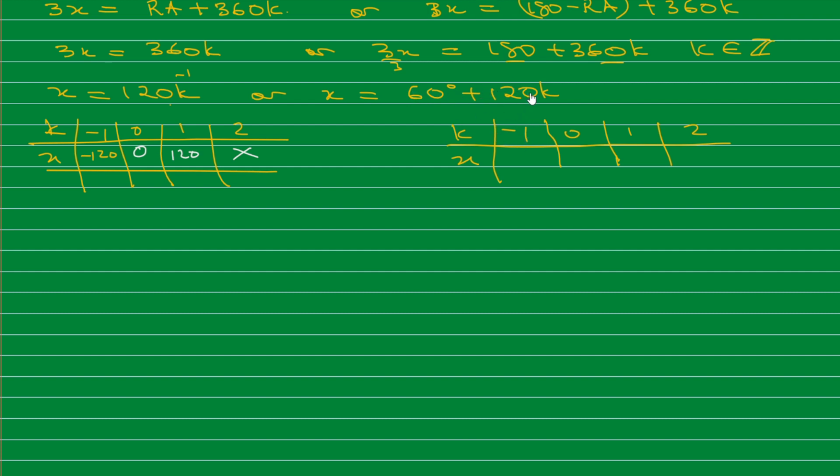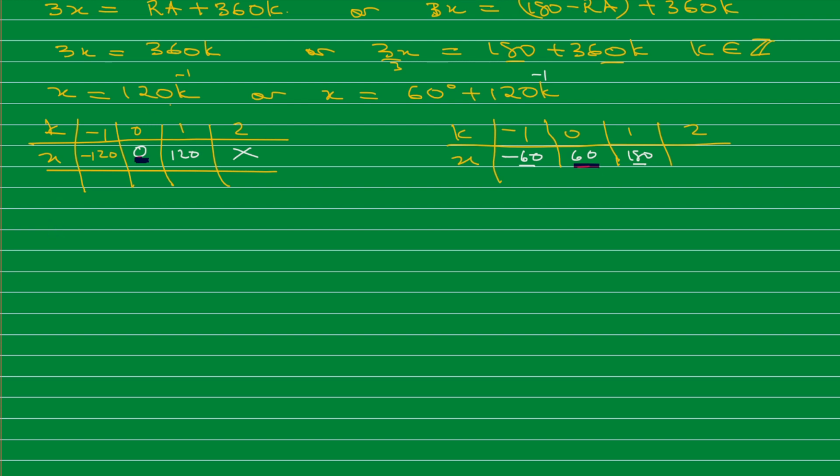When k is -1, this is going to be -120 plus 60, which gives us -60. When k is 0, that gives us 60 degrees. When k is 1, that gives us 180. So the other angles are out of the range. The only angles within the range are 0 and 60.